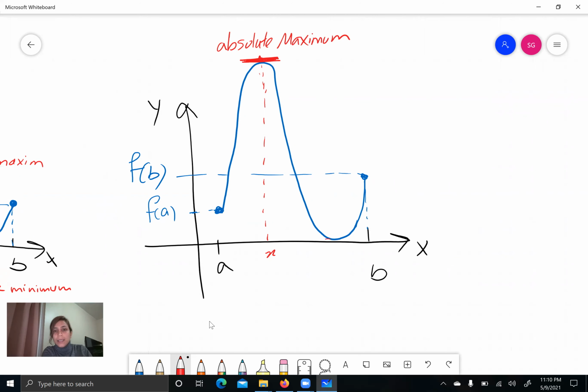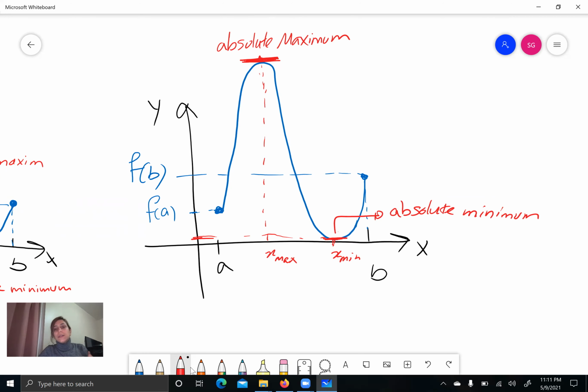Here, at this value, let's call it x of max, and this is x of min. Whatever the height is here, that's going to be the absolute minimum. So this is an example of the case that the absolute max and absolute min are neither at A nor at B. They're not at endpoints, they're somewhere in between, you see?